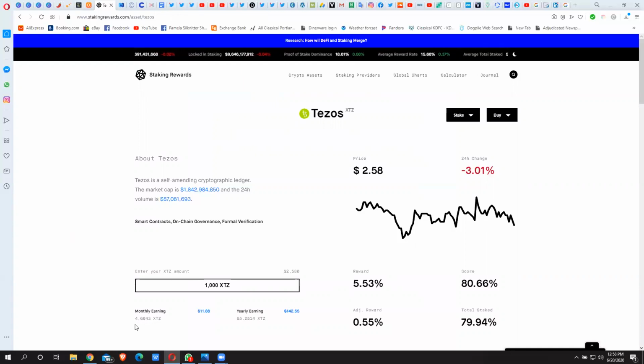So regardless of the price of Tezos, you're going to get 4.6043 XTZ every month, which is a yearly accumulation of 55.2514 Tezos.